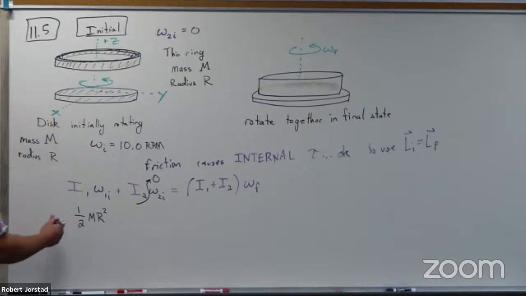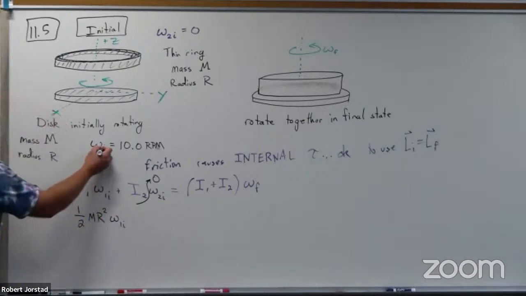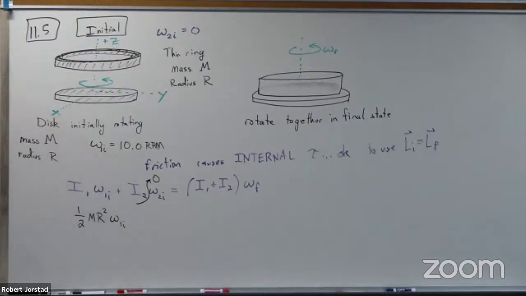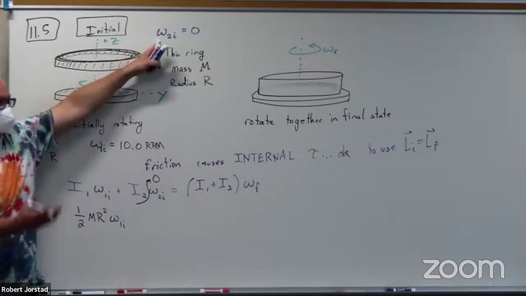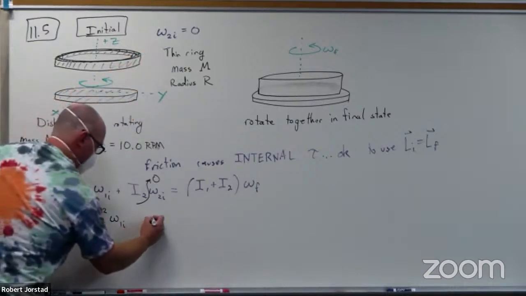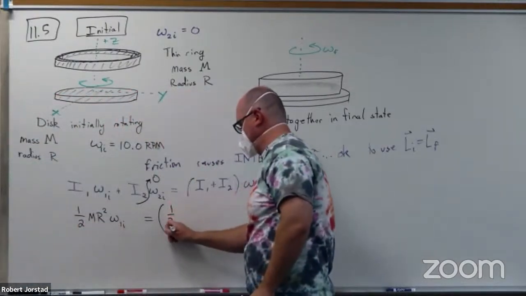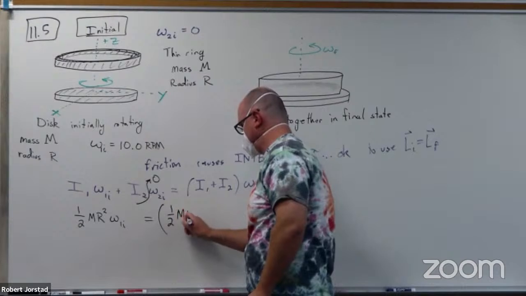And then we know omega 1 initial. Maybe I'll label this omega 1 initial right here. Slipped in a 1 because we chose to call this one 2 based off what somebody said. Well, there's a 1/2 mr squared there.